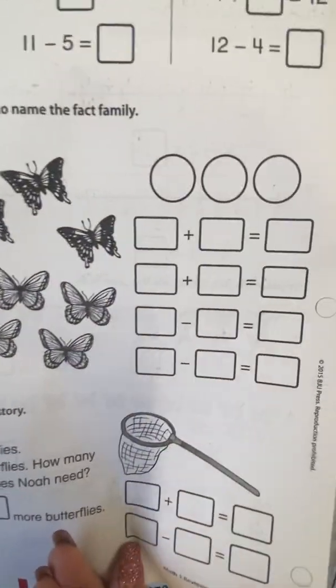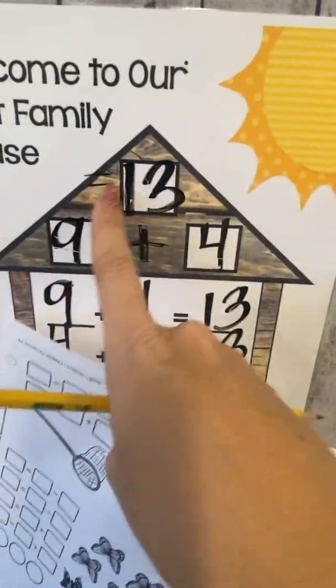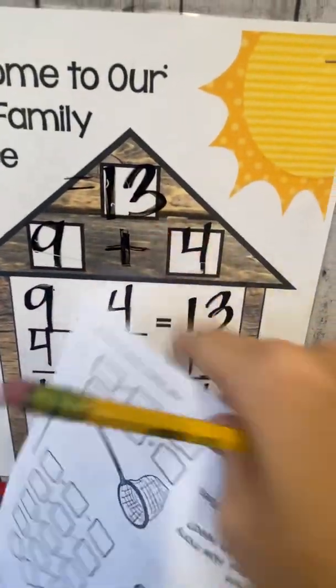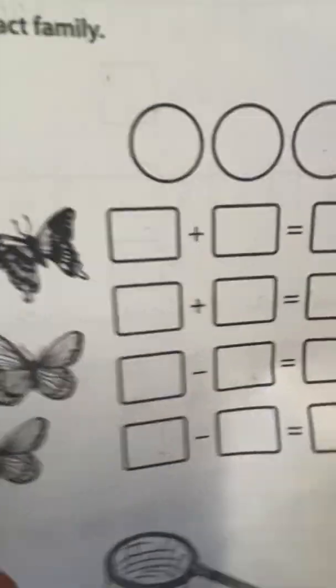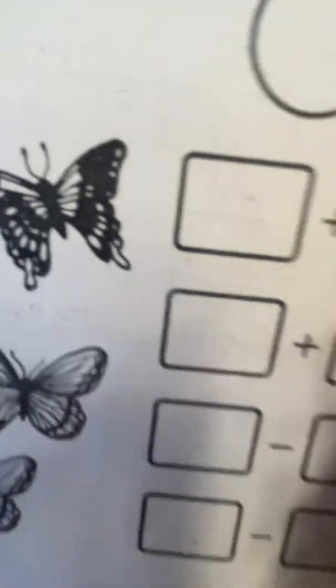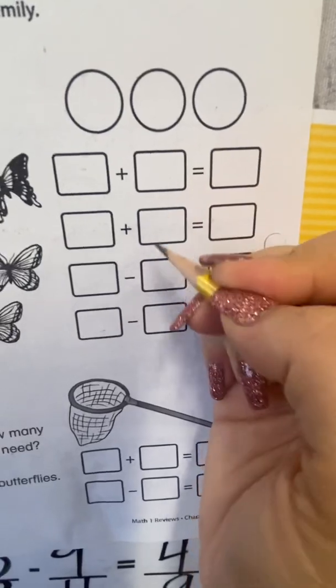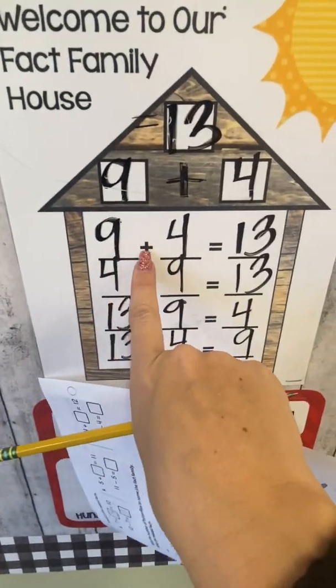And then from those three numbers, again, part, part, whole, those are the numbers we're going to put here in the circles. However they want to arrange it, it's not really a huge deal. And then we're going to make our fact family. We need 2 addition and 2 subtraction. So again, we always do a part plus part equals whole.